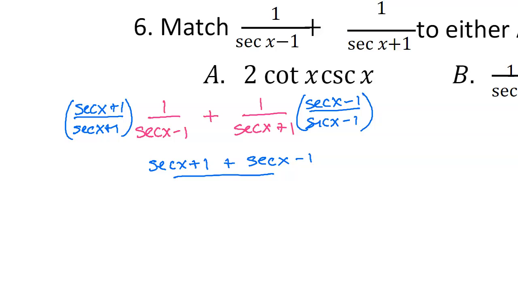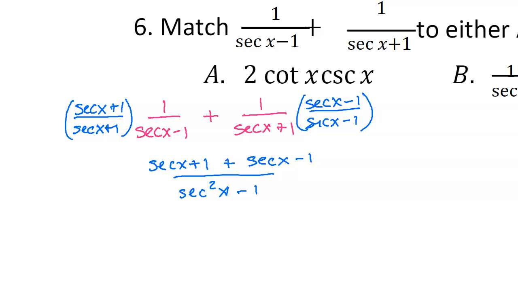Yes, it starts as secant squared of x minus 1. Negative 1 times 1 is negative 1. This denominator is a difference of squares. Even though we have trig, it doesn't change what we know about math. It's just difference of squares.